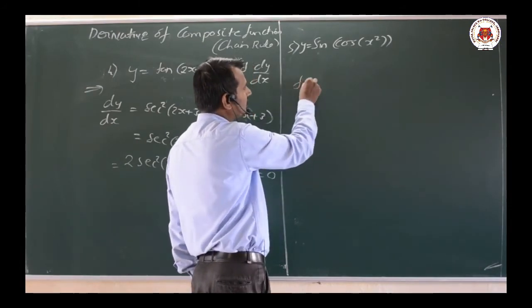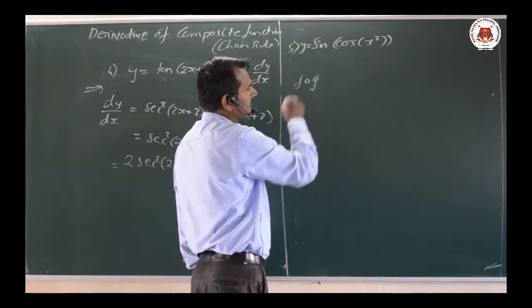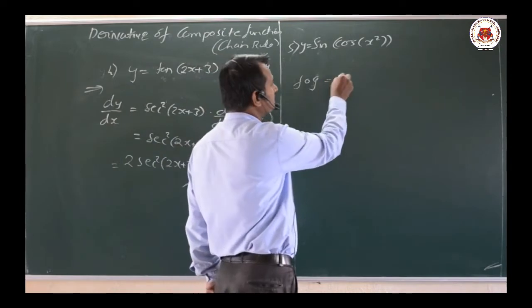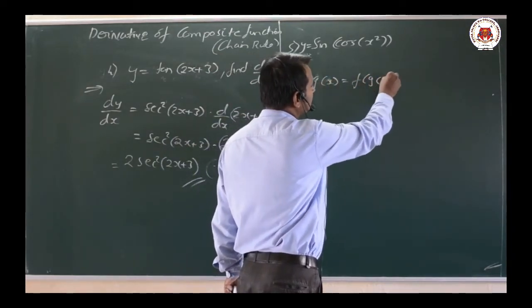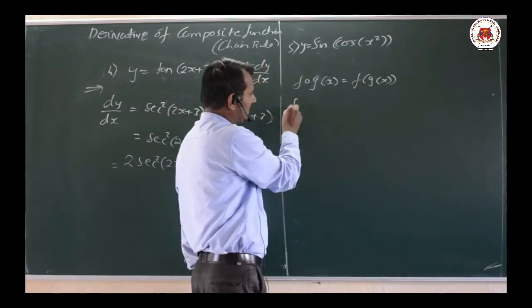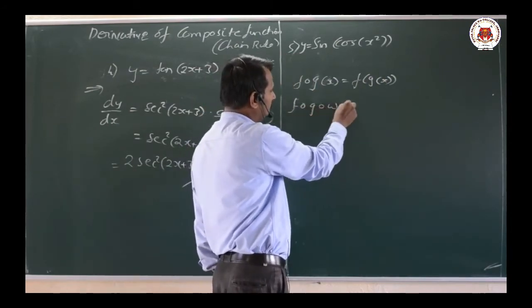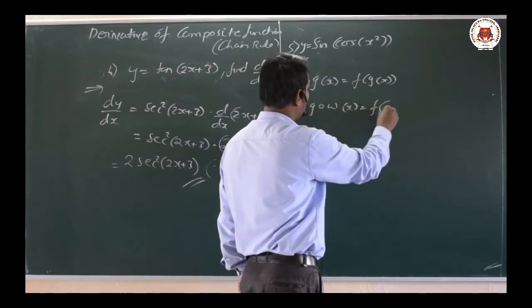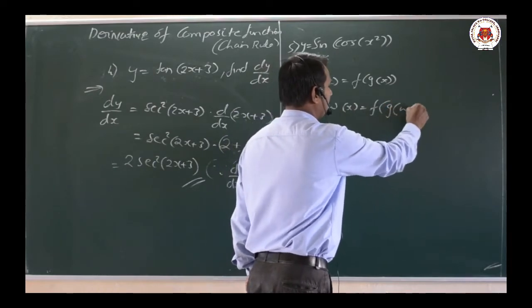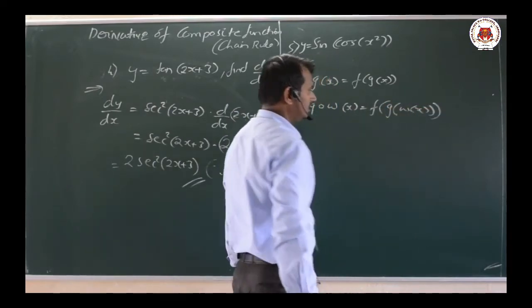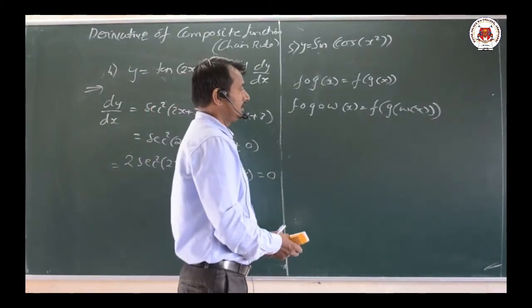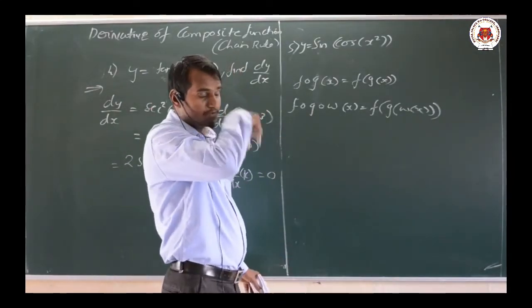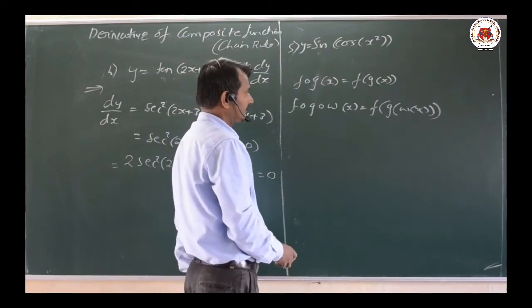We had learnt only about f of g of x. Similarly, if we have f of g of w of x, this is the particular function. Now here also we can make use of the chain rule. How we can make use of the chain rule here, that we shall apply.